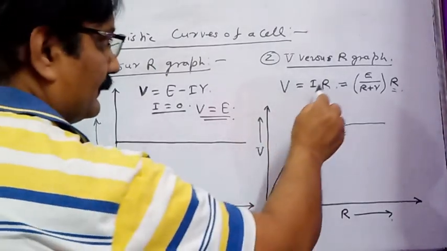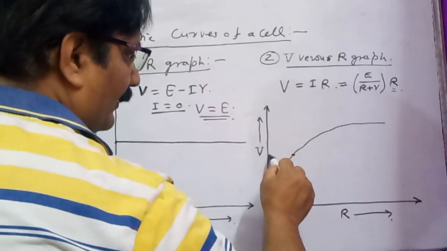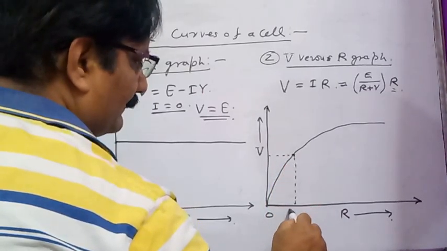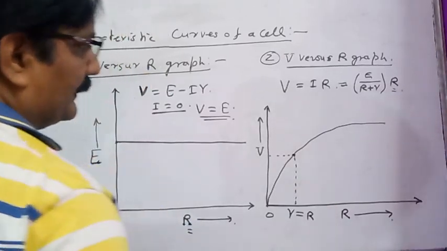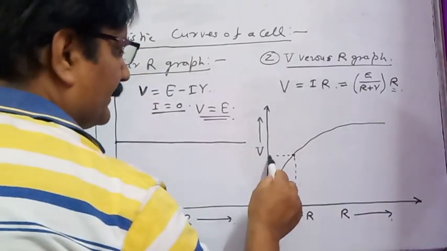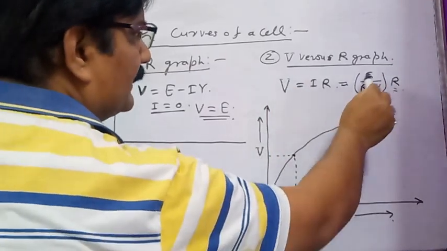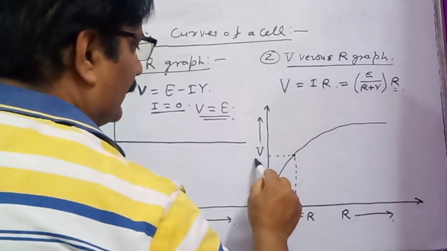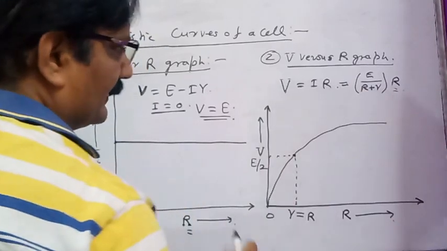When the internal resistance of the cell becomes equal to the external resistance of the circuit, in that condition what is going to be the value of cell terminal potential? V becomes E divided by 2, or EMF divided by 2 is equal to cell terminal potential.